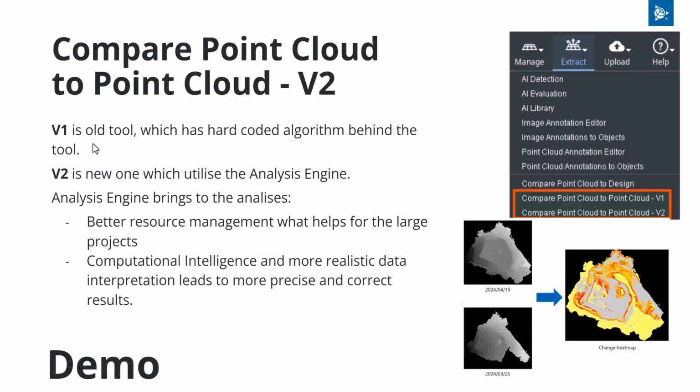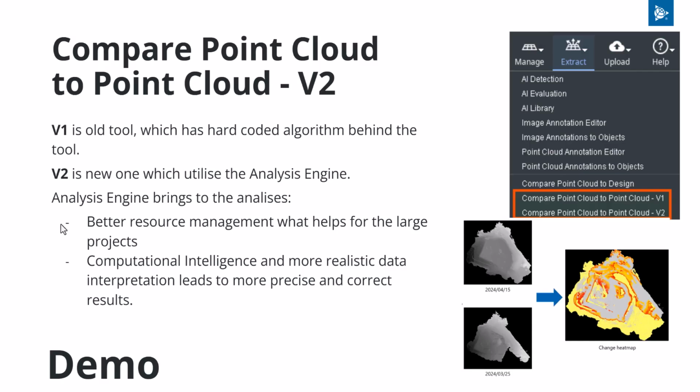First is using the hard-coded algorithm behind the tool. And second is a bit more intelligent in terms of background mathematics. It uses the analysis engine, and the analysis engine, by the way, is used by all the tools related to AI computations.